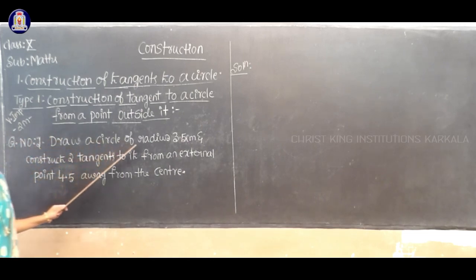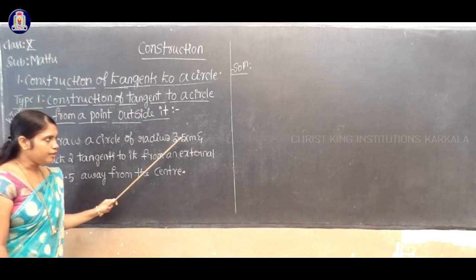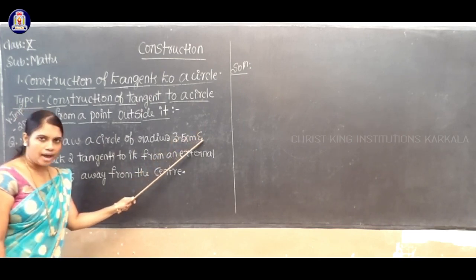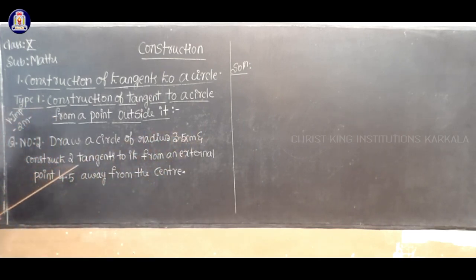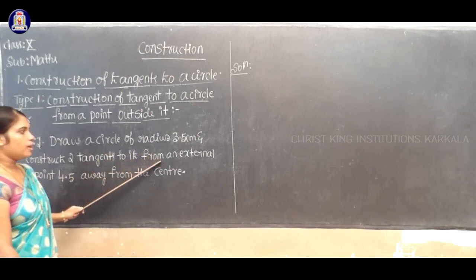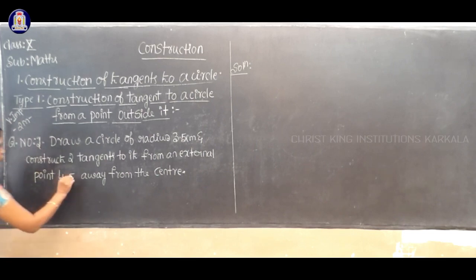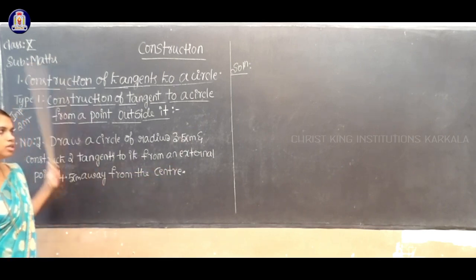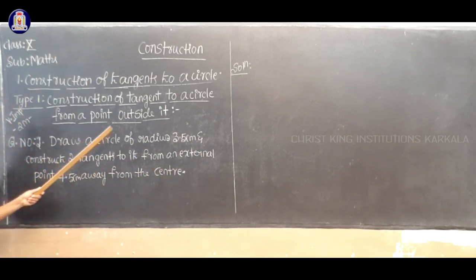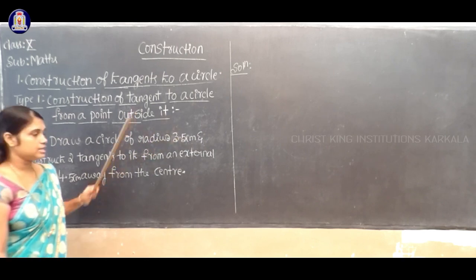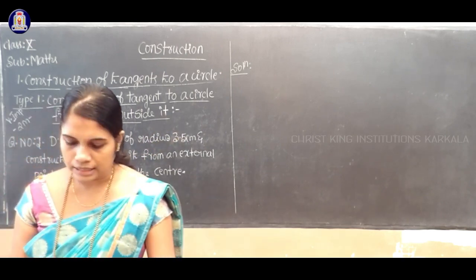Draw a circle of radius 3.5 centimeter and construct two tangents to it from an external point 4.5 centimeter away from the center. Okay. So same process. First I will draw the circle of radius 3.5 centimeter.